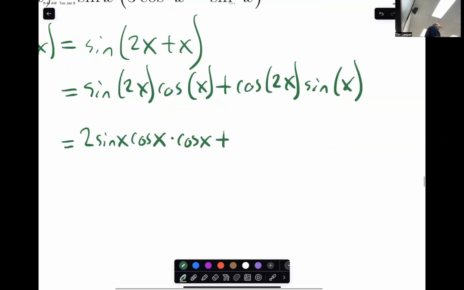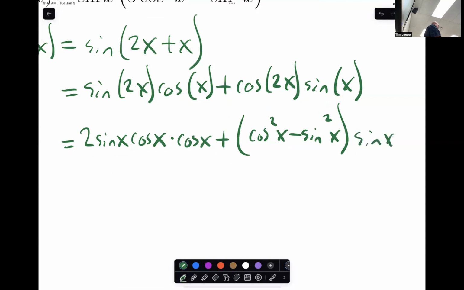So I'm going to put that in parentheses, cosine squared of x minus sine squared of x. But as I said, you could plug it in with any of those identities and you can still manipulate it to be what you wanted. And then times the sine of x here.